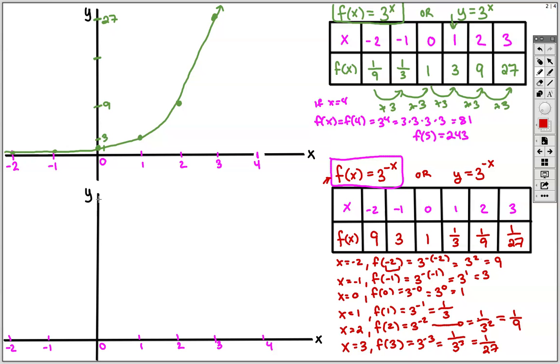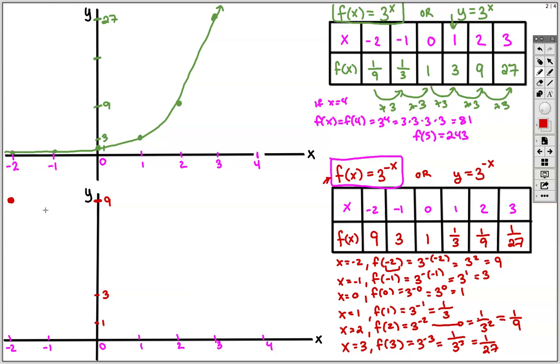So the highest value of f of x or y here will be 9. And then I'll put 3 right here, and I'll maybe put 1 right here. And let's plot these points then. When x is negative 2, f of x or y is 9, so we go up to 9.